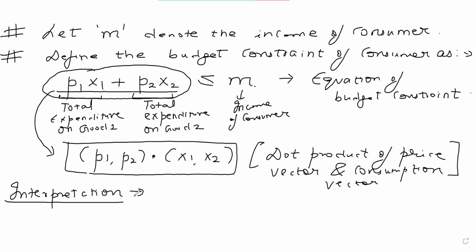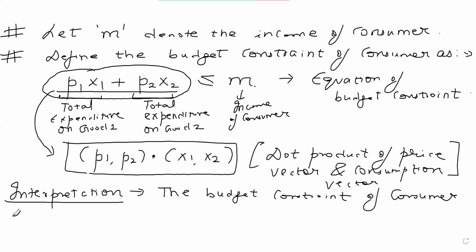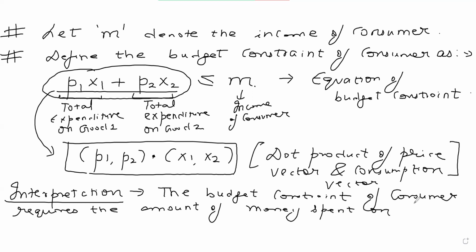The students can write that the budget constraint of the consumer requires the amount of money spent on two goods to be no more than the total income.